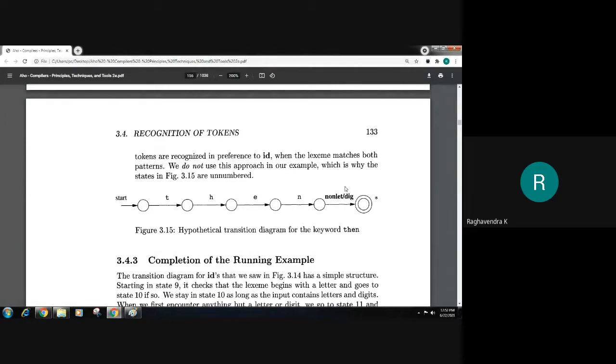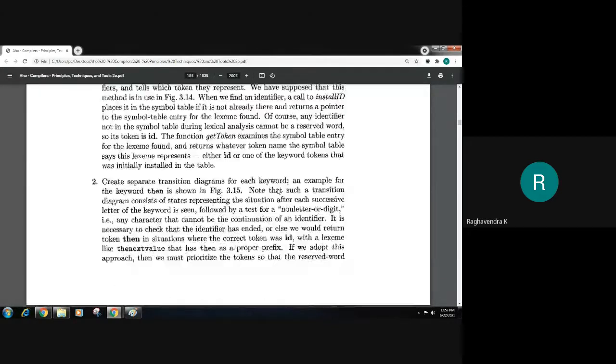After this, if we have any non-letter or non-digit, then obviously it's not an identifier, it's a keyword. Similarly, I can write ELSE, and that can be a transition diagram for else. So for whatever keywords you have in your program, you can write a transition diagram for the same and ensure that there is clarity.